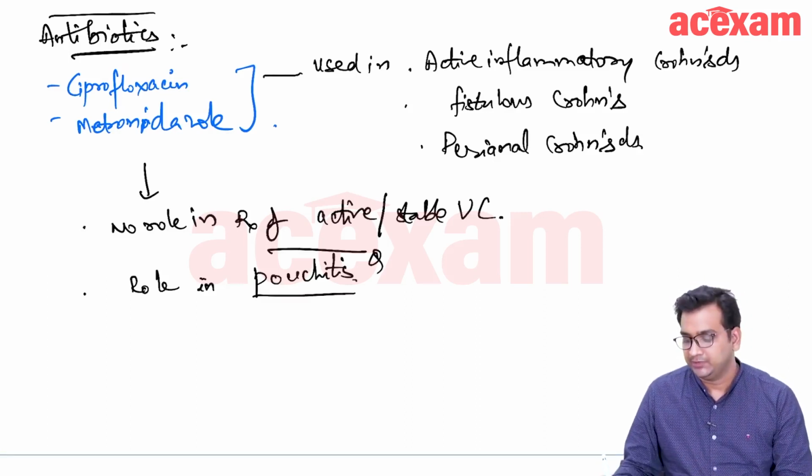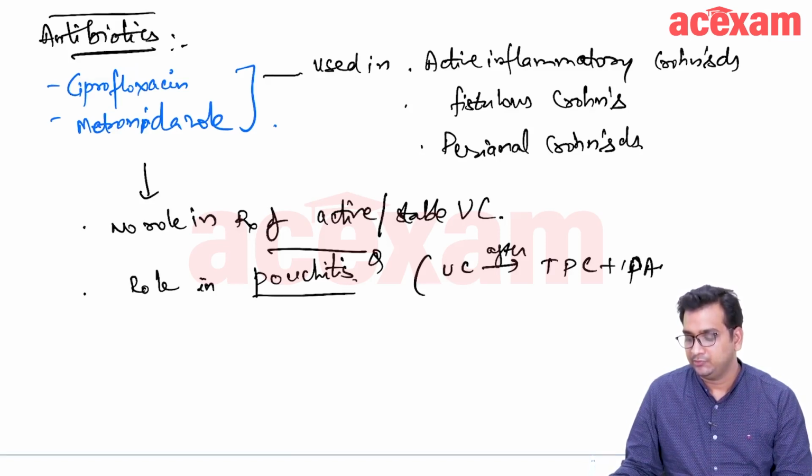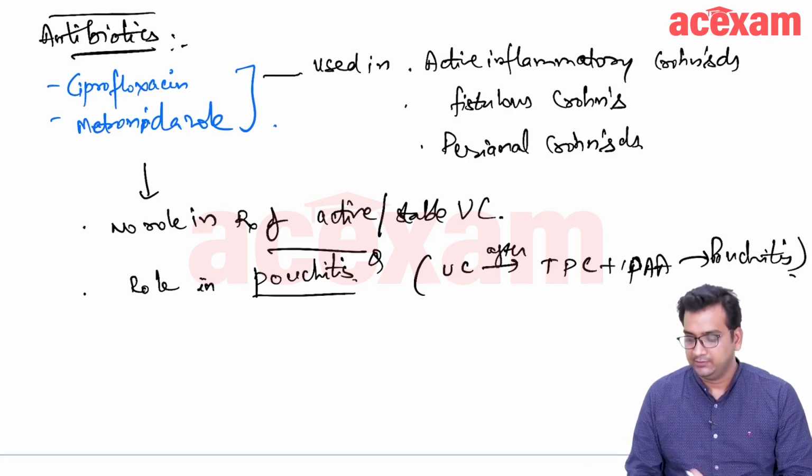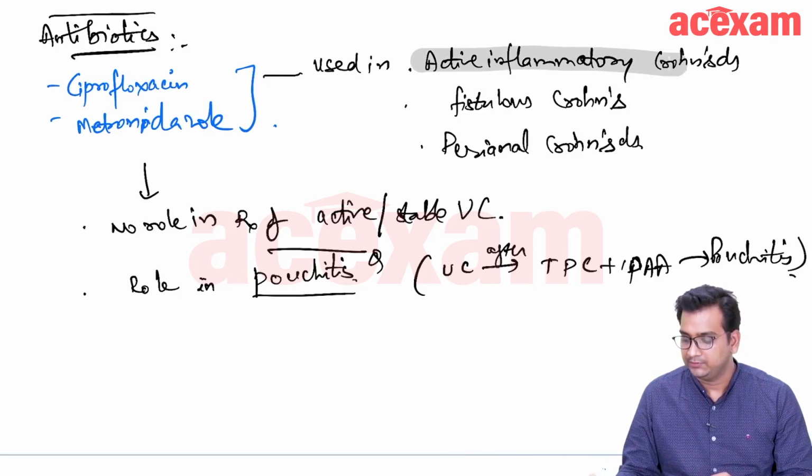This pouchitis occurs in ulcerative colitis after total proctocolectomy with ileal pouch anal anastomosis. If there is development of pouchitis in that pouch, then there is a role of these antibiotics. Otherwise, in general, they have a role in Crohn's disease.